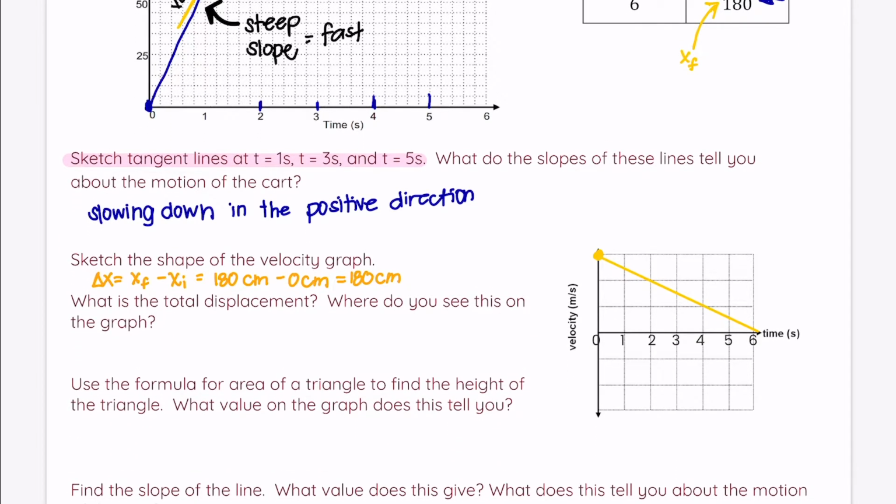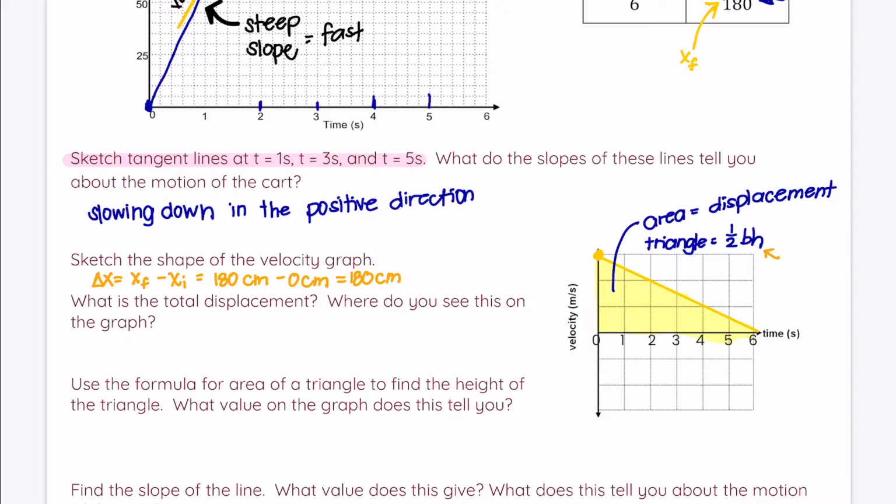And we see this on the graph in the area in our velocity time graph. So in a position time graph, we just kind of look at the last number and the first number. And here we look at the area. So the area is going to be our displacement. And the area here is now a triangle. So the area of a triangle is going to be 1/2 base times height.